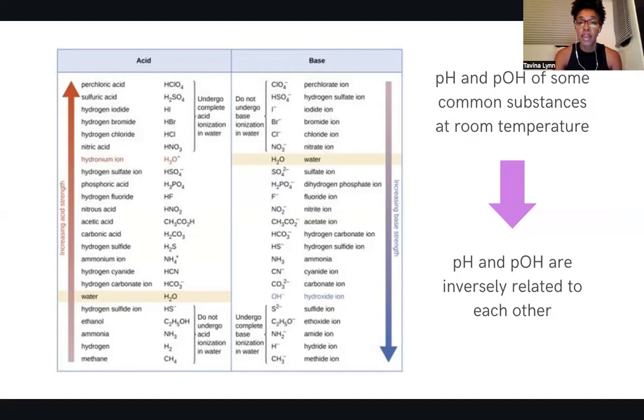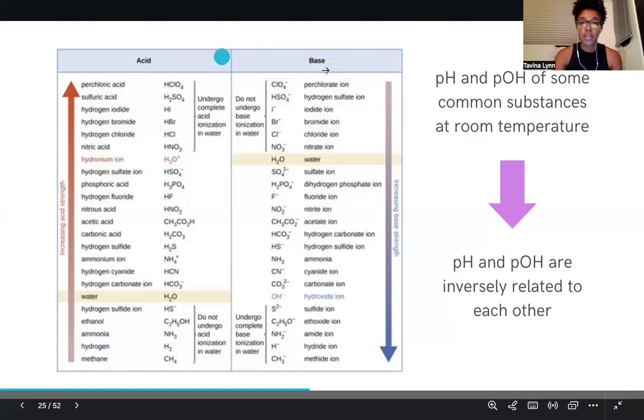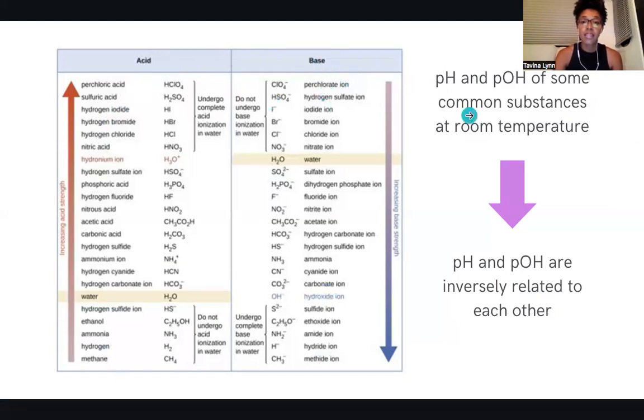And we see that as we increase the acid strength, its conjugate base is lower. If we have a strong acid, its conjugate base is weak. So there's this inverse relationship between acid and conjugate base strength, or base and its conjugate acid strength.